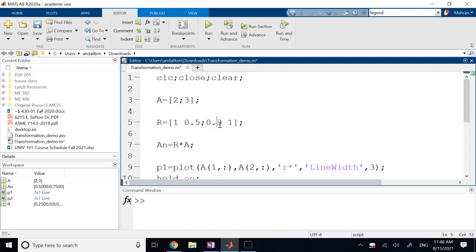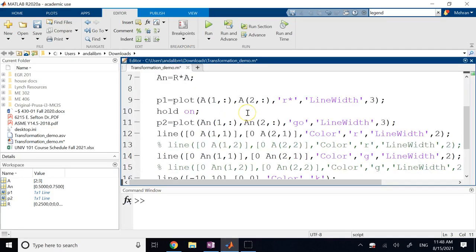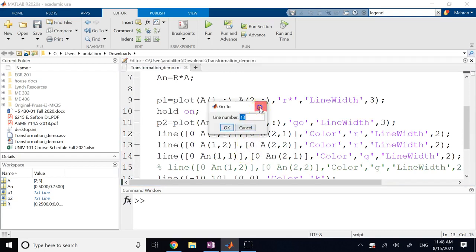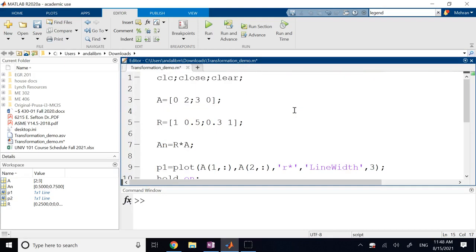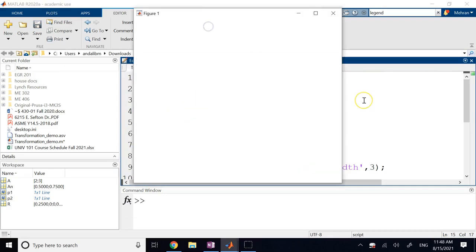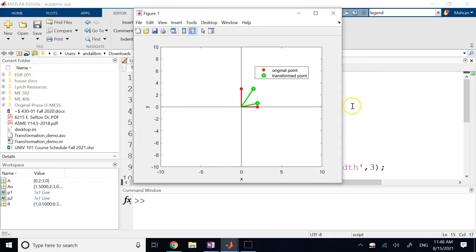Okay, and as I said, I need more than 1 point. So 1 point of mine is going to be 0 and 3, and the other point is going to be, let's say, 2 and 0. I'm going to use 2 points here, and allow both points to show themselves, and there we go.